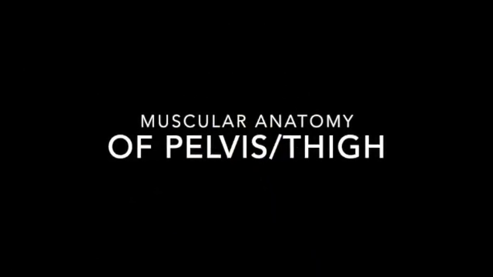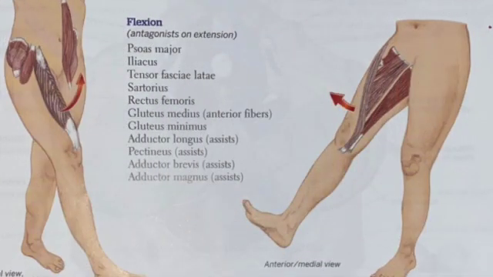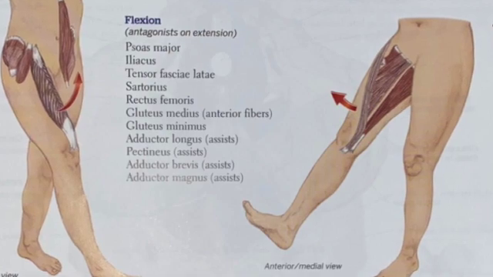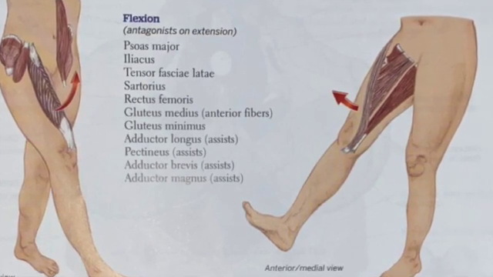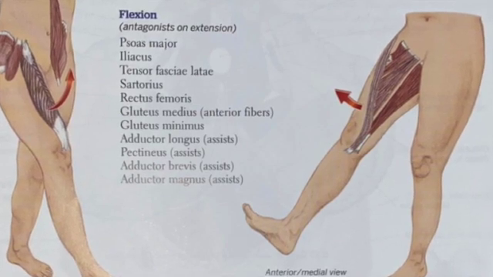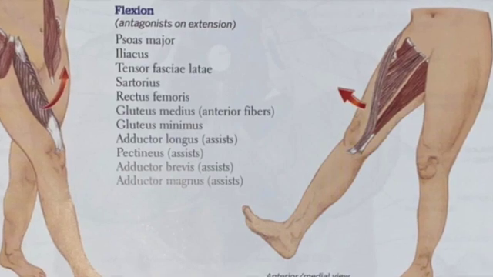Now moving on to the muscular anatomy of the pelvis and thigh, starting with the muscles that help with flexion at the coxal joint, also known as the hip joint. The muscles are the psoas major and the psoas minor, iliacus, the tensor fasciae latae, the sartorius, the rectus femoris, the gluteus medius anterior fibers.